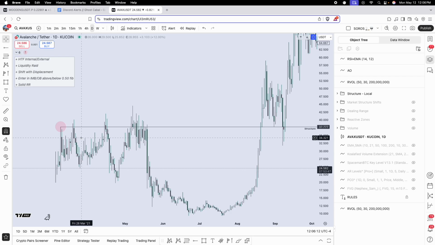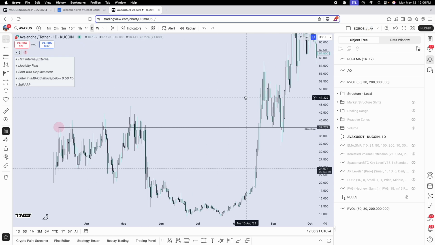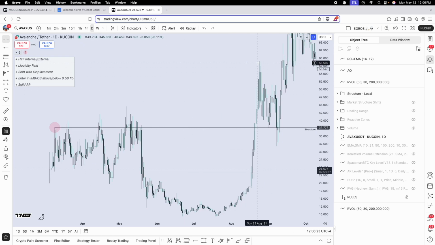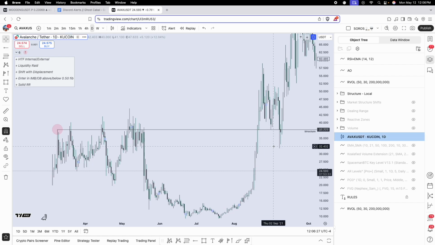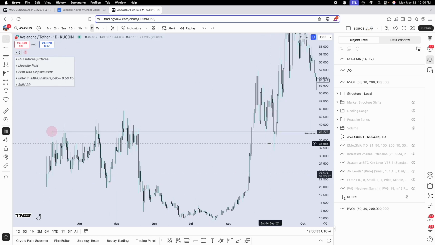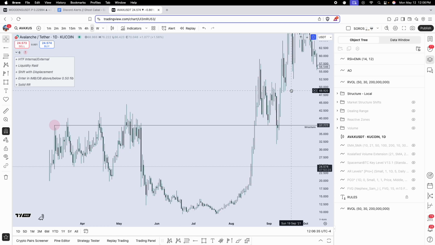In the beginning you have initial structure on that first pivot, and when you eventually break above it, you want to see what the behavior is when it returns to structure. If it backtests it and flips it into support, where here it was resistance and here it is support, then you can expect a continuation.